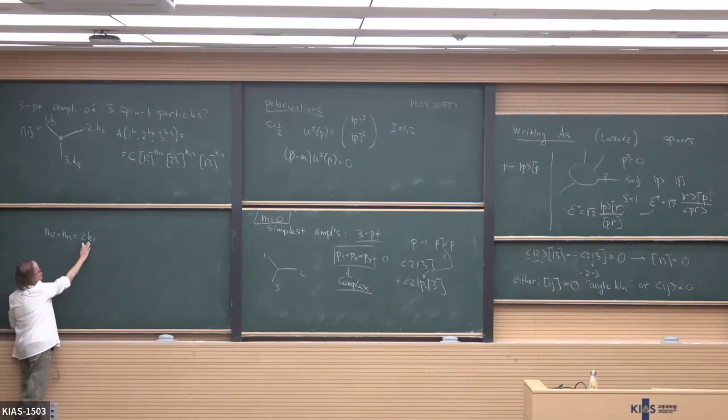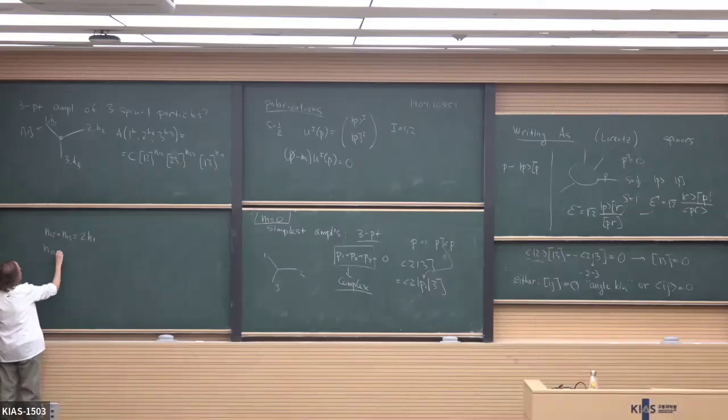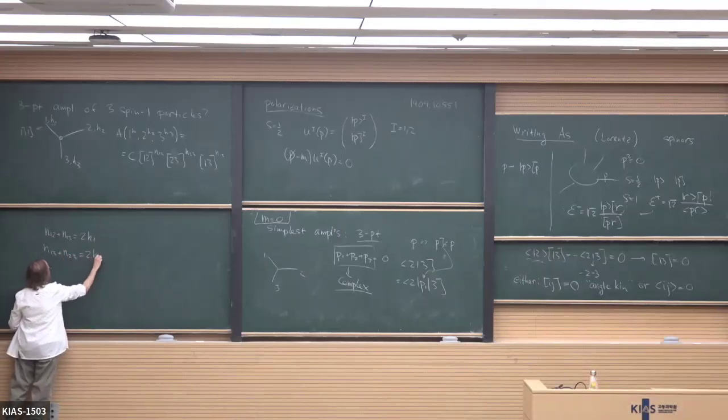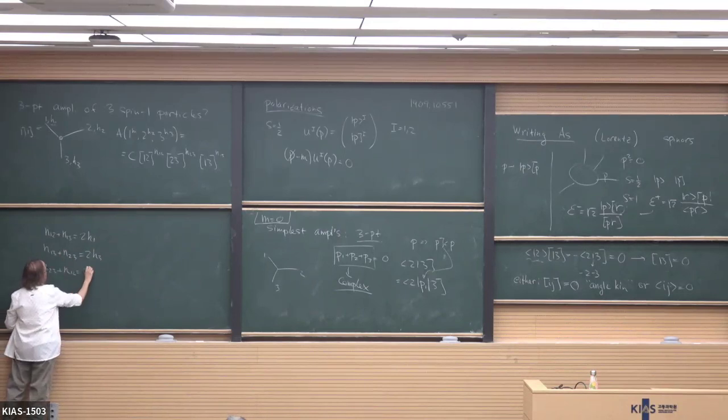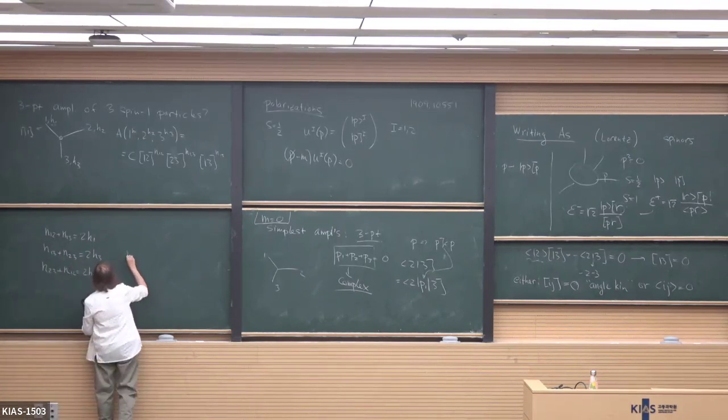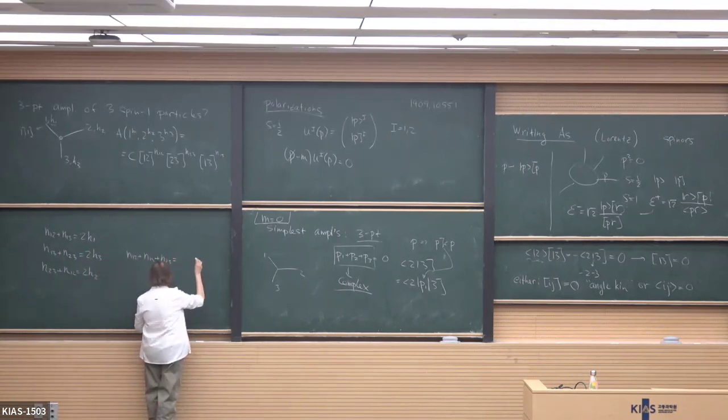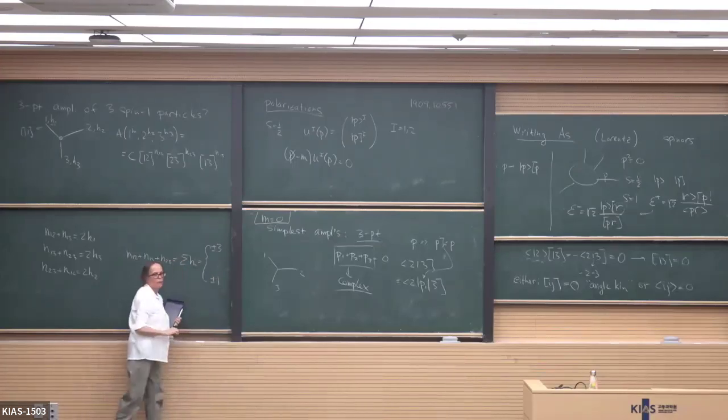That is, if 1 has plus helicity, I need to have it appear twice as a square bracket. And similarly for the other guys, so n13 plus n23 equals 2h3, and n23 plus n12 equals 2h2. You can sum these up and find that n12 plus n13 plus n23 is equal to the sum of the helicities, and that can be either plus or minus 3 or plus or minus 1.